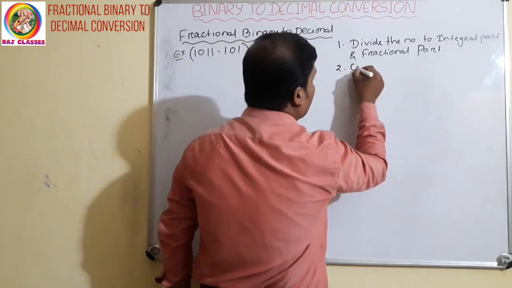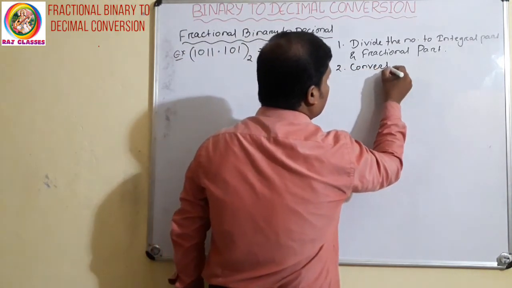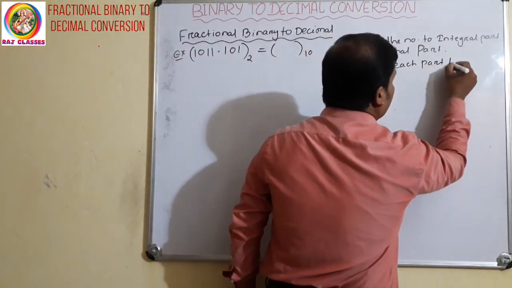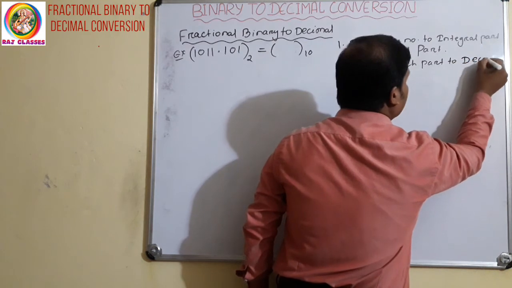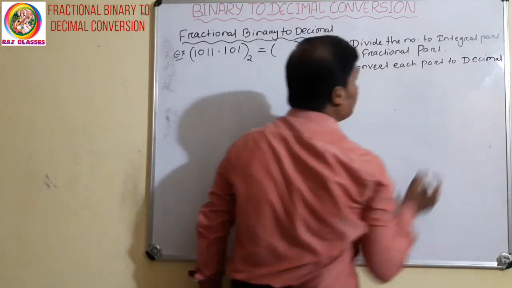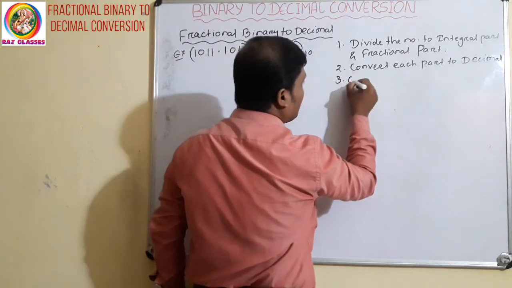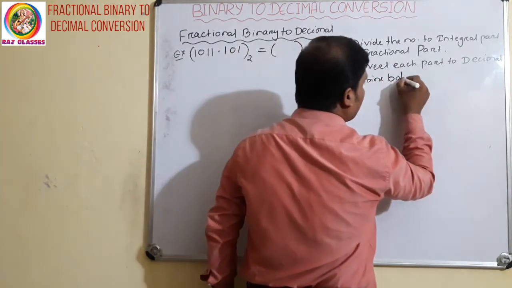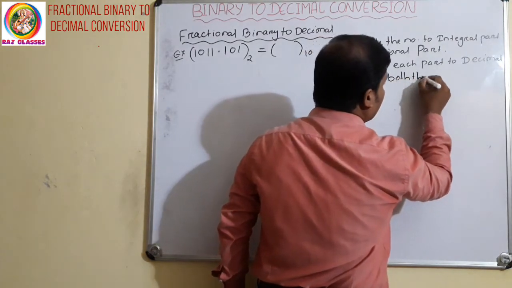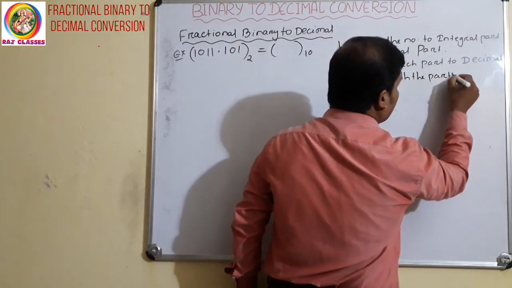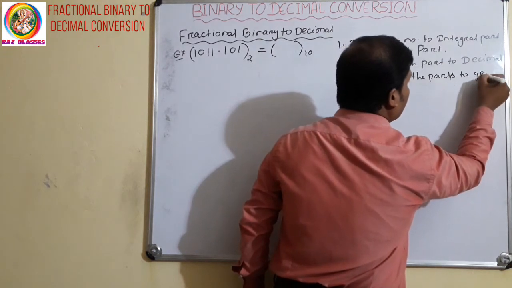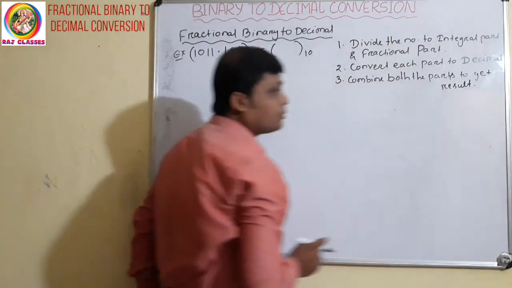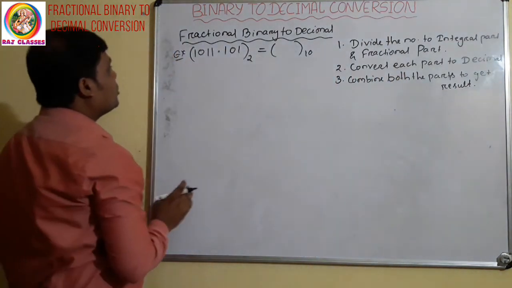Second, convert each part to decimal. Then third, combine both the parts to get the result. Clear? Now come to the example.